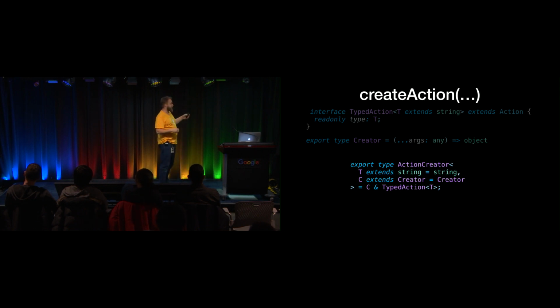Action creator, something that createAction function returns, is something that is both a function and an object with a type property. All right. This just shows how crazy, dynamic, and interesting JavaScript is. But TypeScript actually allows us to type it. Let that sink in for a second. OK, so createAction returns something that's a function.